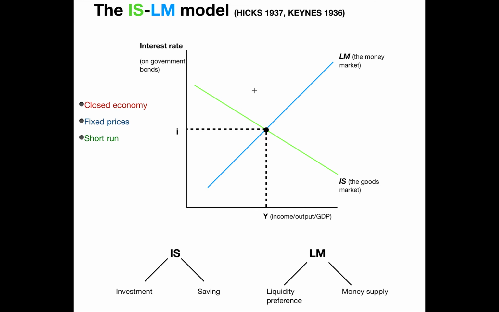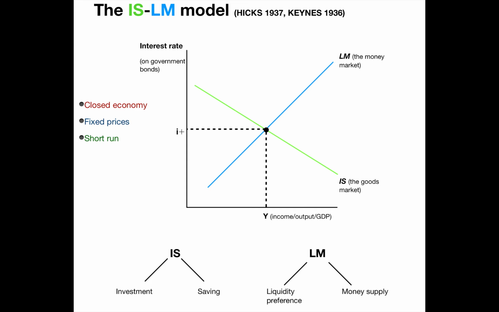So this is so much for these two curves, the IS curve and the LM curve, IS-LM. Next, on the vertical axis, we've got i, which is the interest rate on government bonds. Sometimes it can also be r.